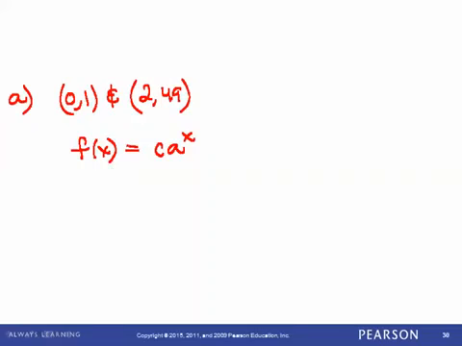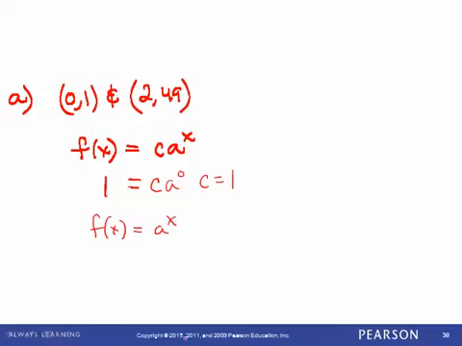I'll need to write it like this here. f of x, that's the output. a to the 0. Is that true? So I figured out that C is 1. So first goal is to figure out what is our coefficient. Once we figure that out, we're good to go. We know that's a 1 now, so I don't need to worry about that.